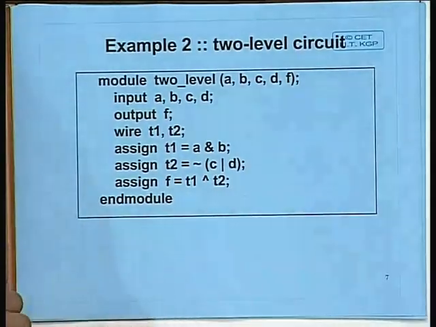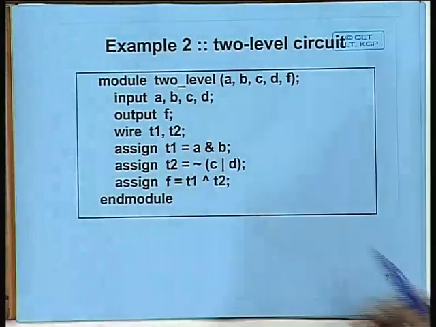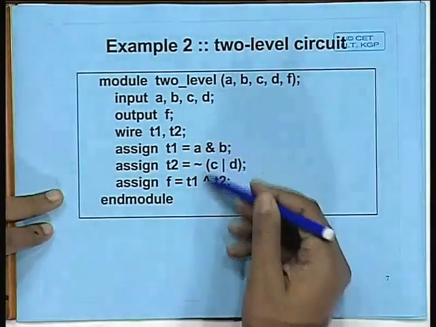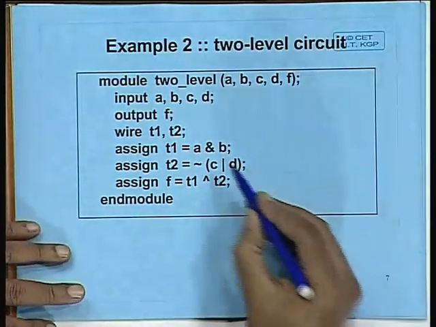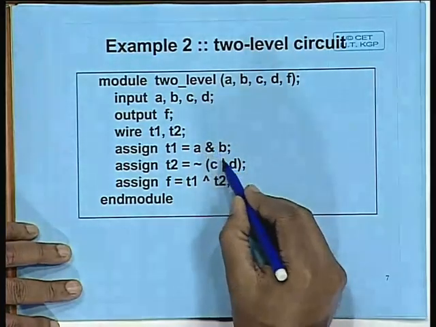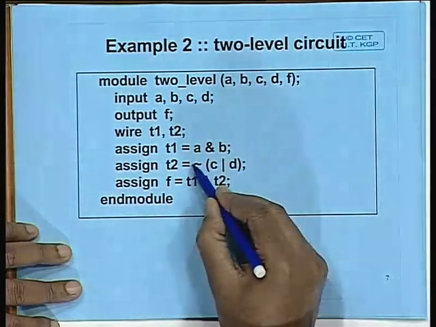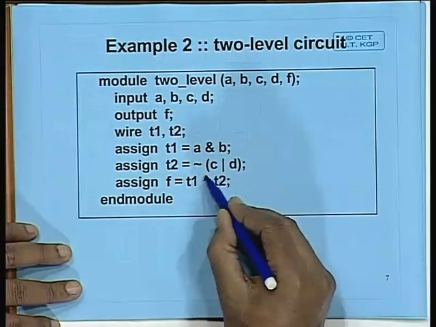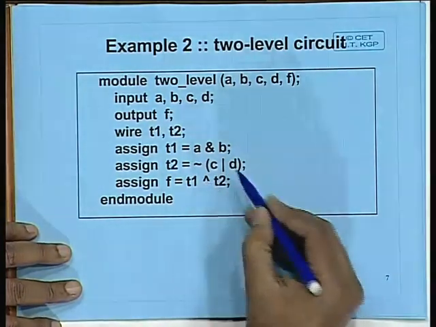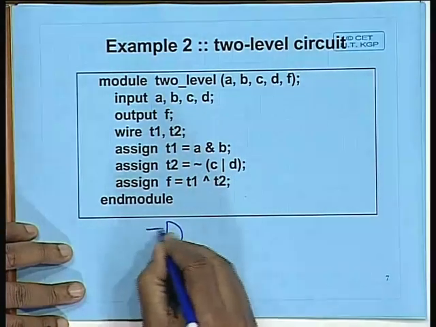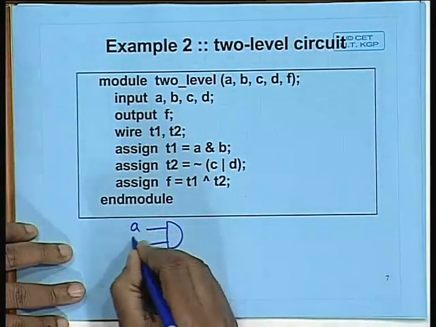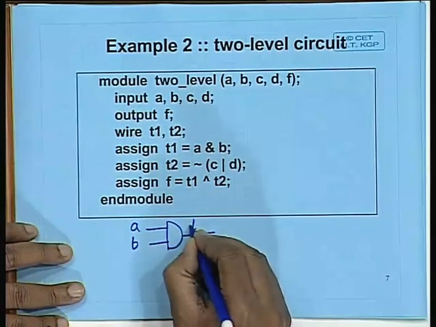And as I mentioned, if we have some intermediate wires, for example as this example shows, you can get a 2-level circuit. Here ampersand means AND, bar means OR, tilde means NOT, and hat means exclusive OR. So actually we have an AND gate with A, B as the input, and the output is T1.